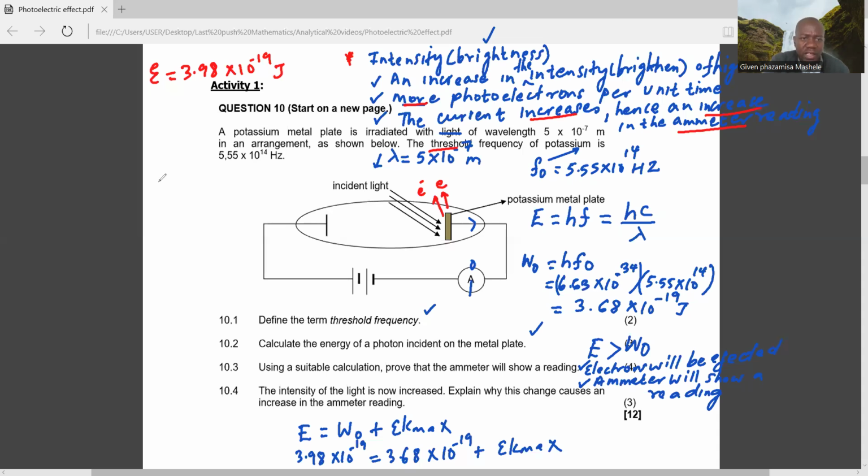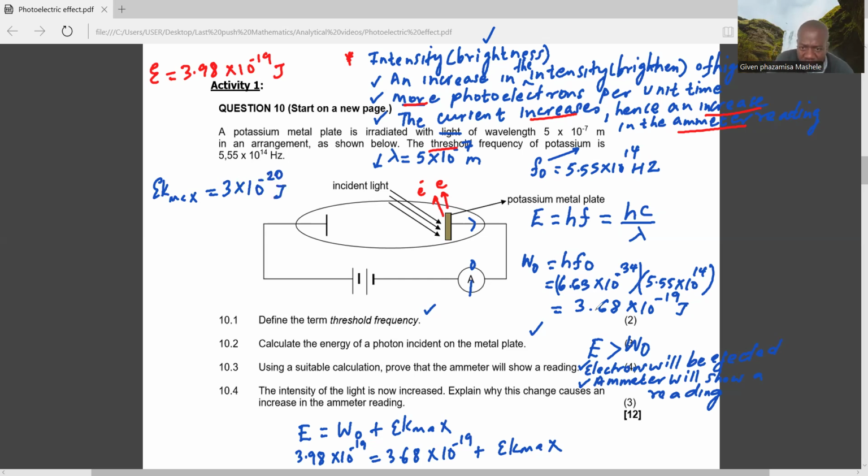The kinetic maximum here will be 3.98 times 10 to the power minus 19 minus 3.68 times 10 to the power minus 19. This gives 3 times 10 to the power negative 20 joules.